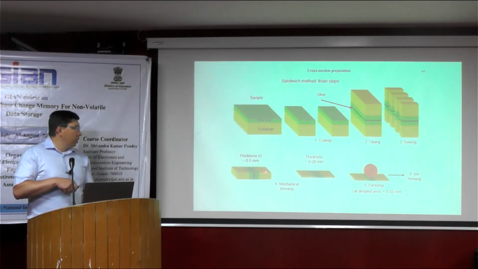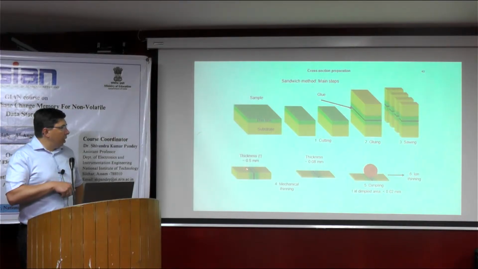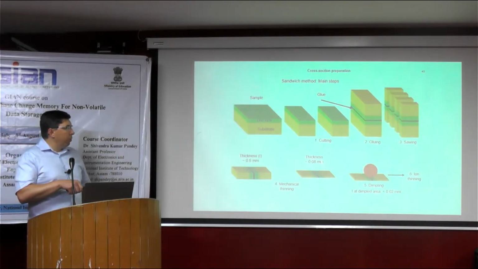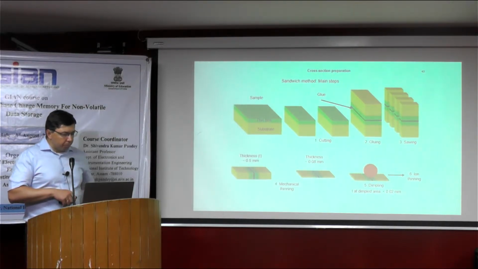Then you take these small blocks and reduce the thickness from 0.5 millimeter down to 0.8 millimeter. It depends on your skills.